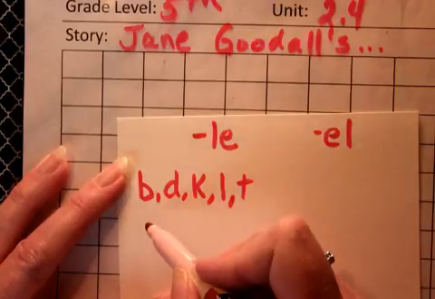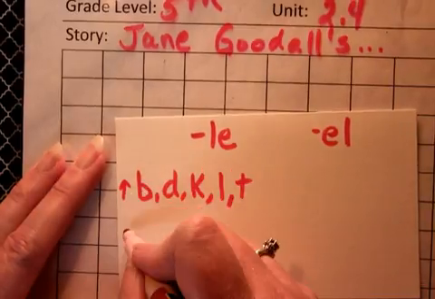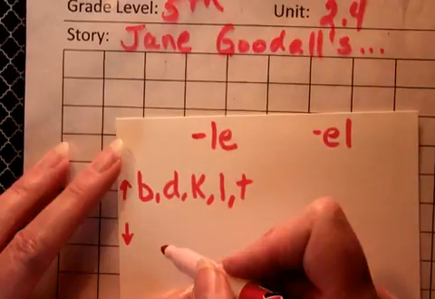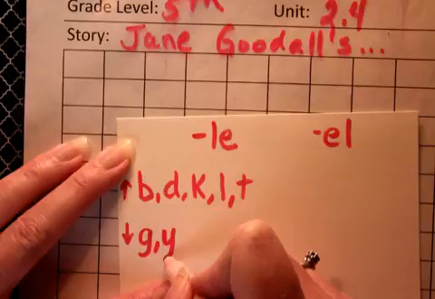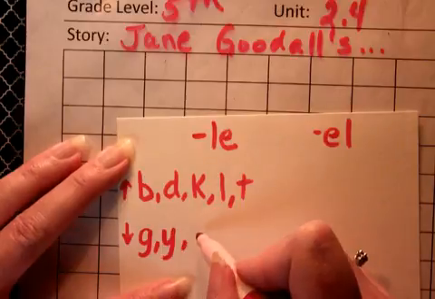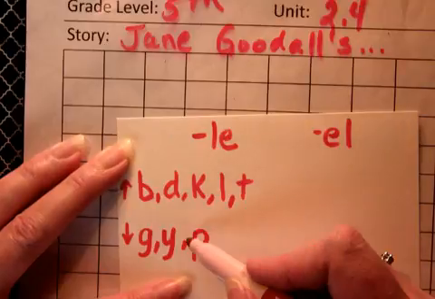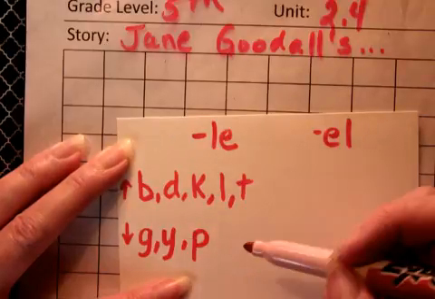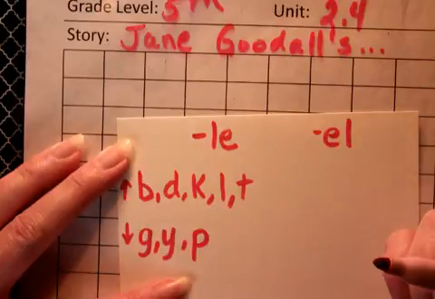Descending letters would be like a G, a Y, a P. Those are some examples, not all of them, of letters that go under the writing line.